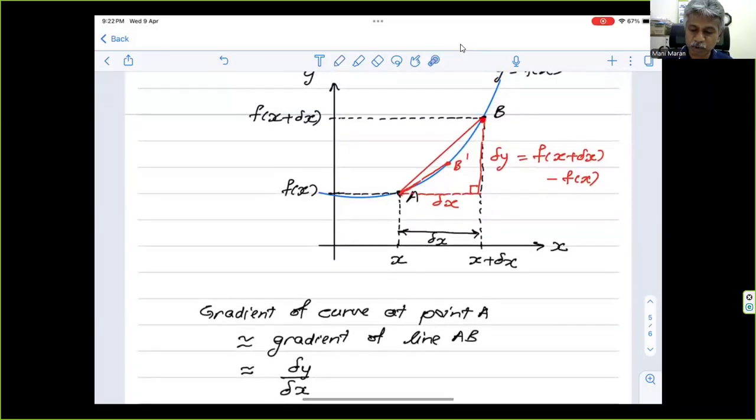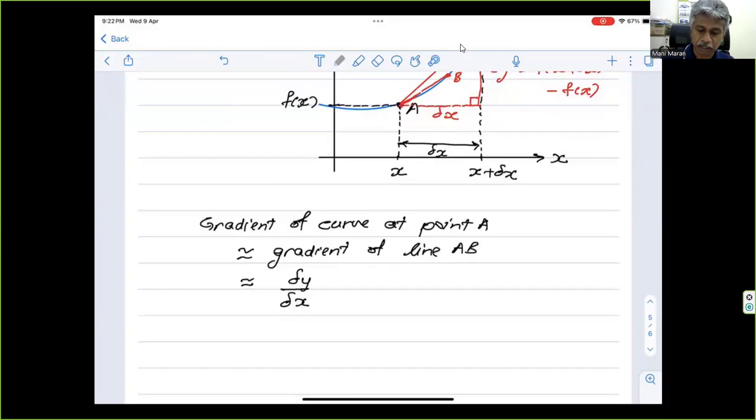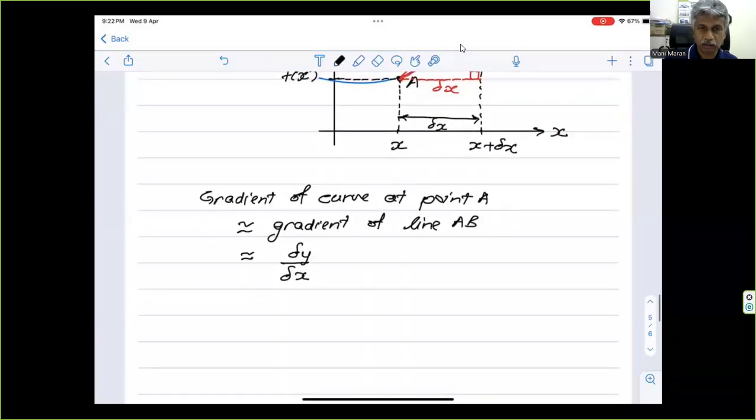As you bring point B closer to point A, delta x becomes smaller. As you make delta x smaller and smaller, delta y by delta x will become equal to the gradient.